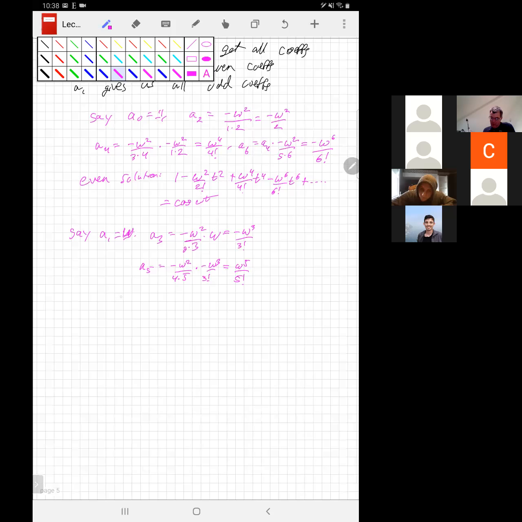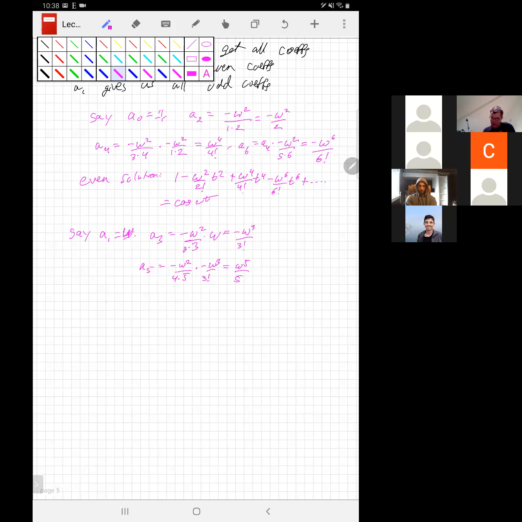And so it looks to me like then A sub n will be minus 1 to the n plus 1 because it's alternating. Omega to the n. Actually, no, because n is, you know what? Let's just do it like this.